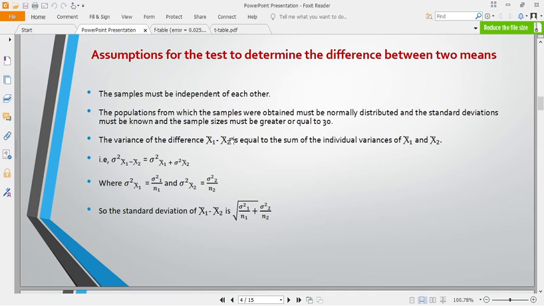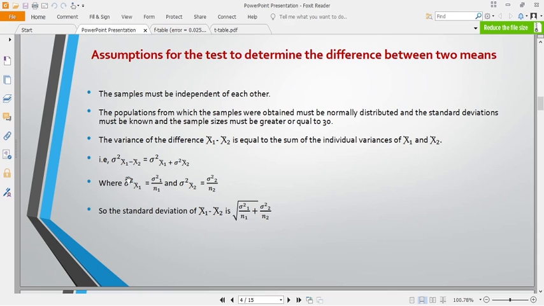That is, the variance of the difference of the sample means equals the sum of the individual variances of the sample means, and that is what this means.